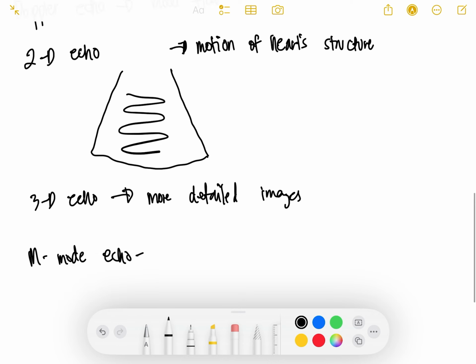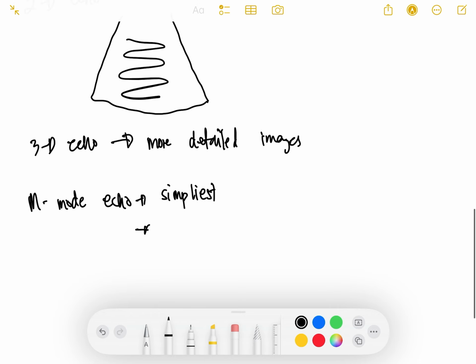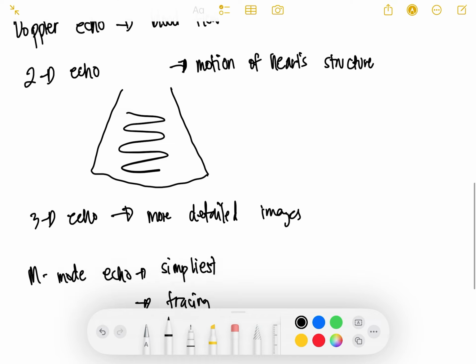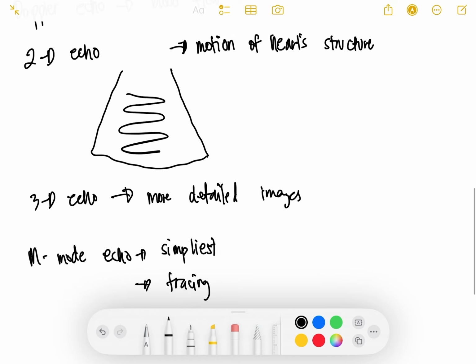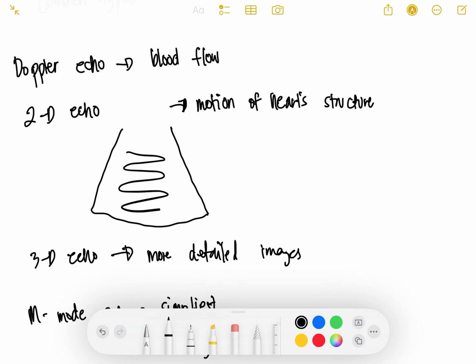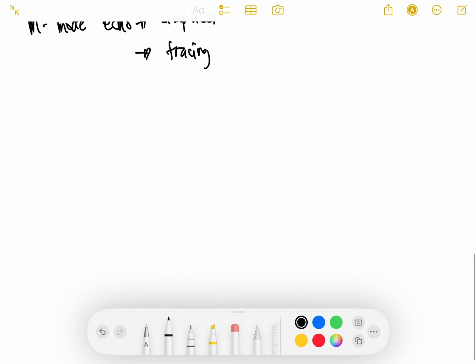M-mode echo is the simplest form of echocardiogram. Ito siya, more of tracing. More of tracing ang ginagawa sa M-mode echo instead of imaging, instead of actual pictures compared dito sa Doppler, 2D and 3D. M-mode, very simple. So those are the common types of echocardiogram.